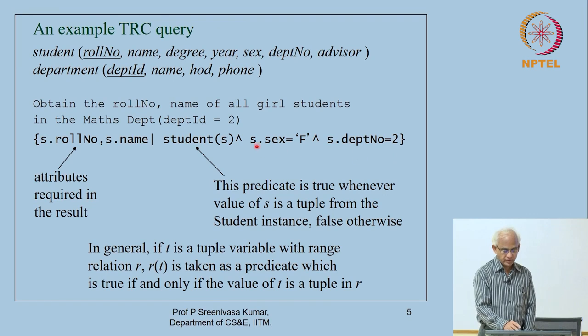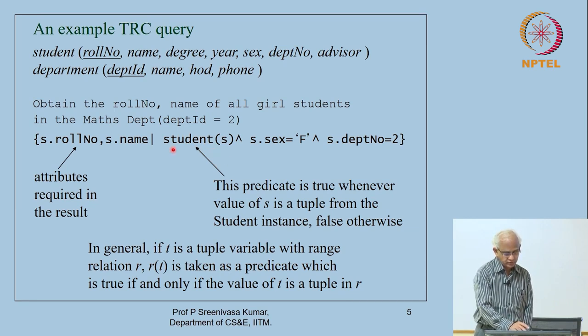When the left hand side is equal to the right hand side, it is true, otherwise it is false. About only this we have to clearly say when it is true. So, this is how in general we will interpret this predicate.